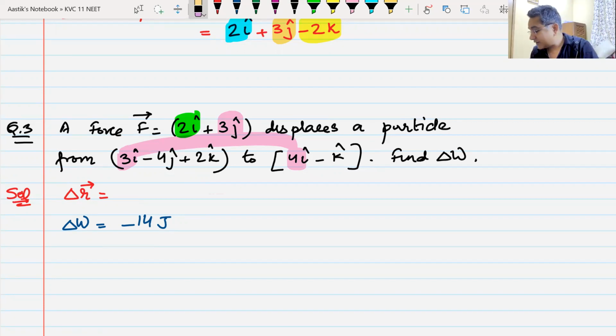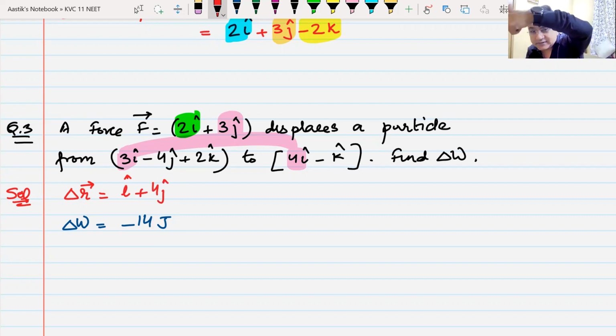So I have to subtract: 4i is the final position and 3i is the initial position. So it should be 4i minus 3i, so it becomes i. Then there is nothing on that side for j, so I have to subtract 0 minus 4, so that is plus 4j.